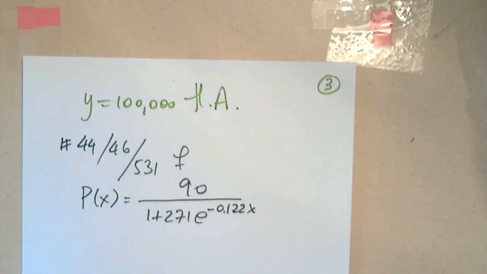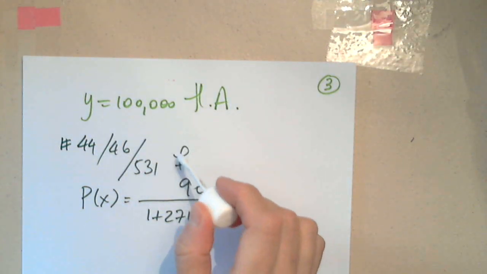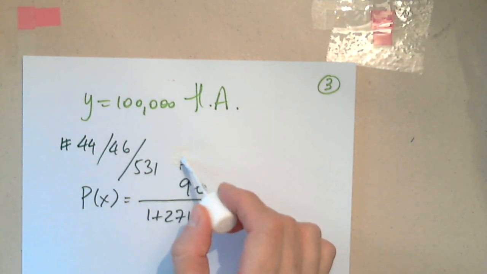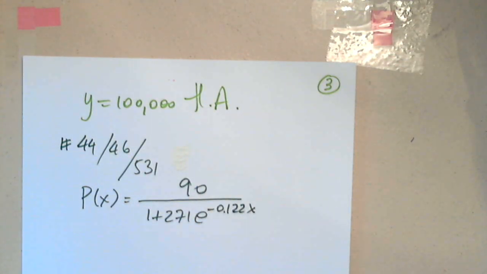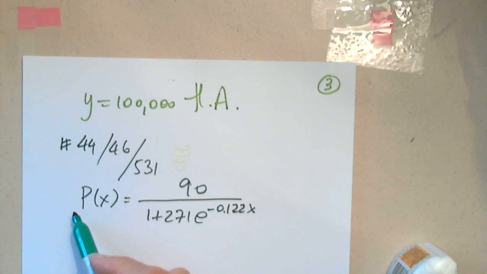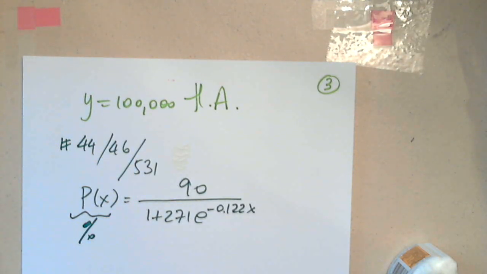Let's see what they're asking us, first of all, what the variables represent. P of x is the percentage of Americans who are x years old with some coronary heart disease, and x is the age.